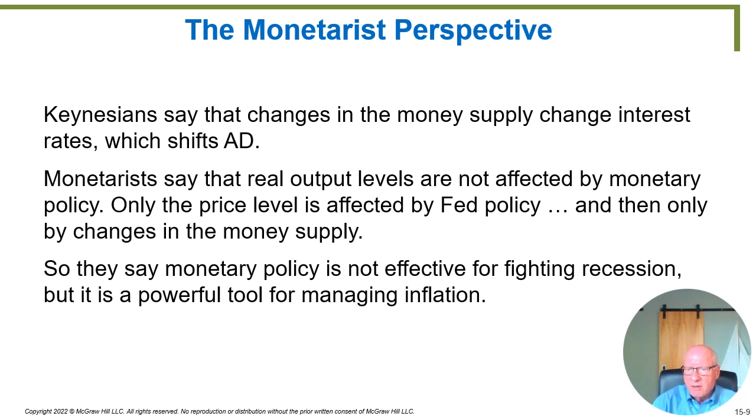The price level is affected by monetary policy, but only by changes in the money supply. So the monetarists argue that monetary policy is not particularly effective for fighting recessions, but it could be a powerful tool for managing inflation.